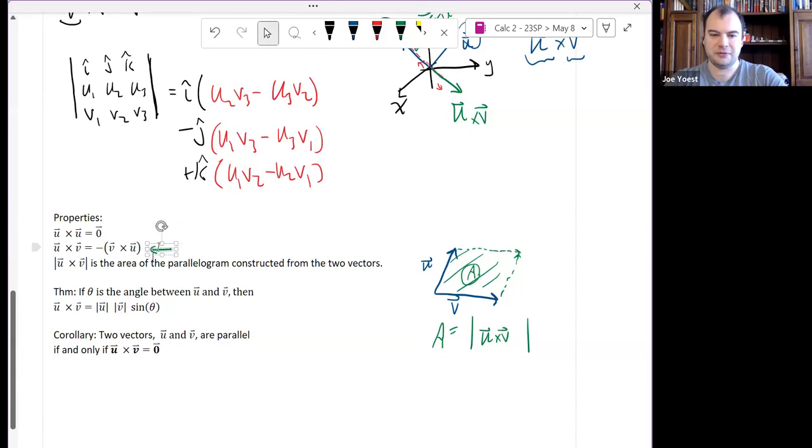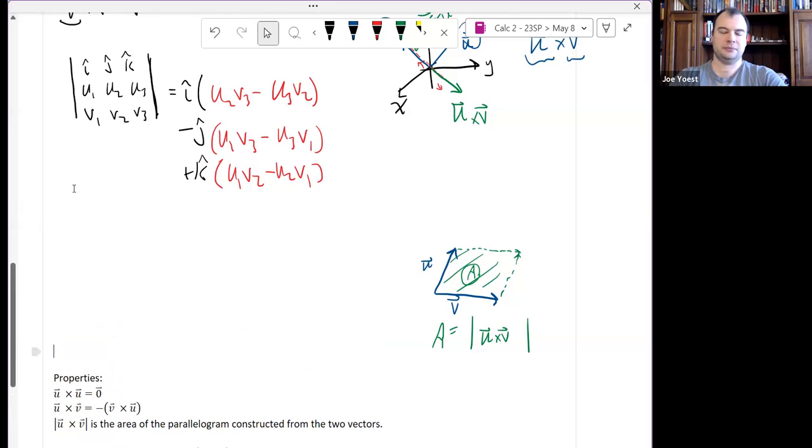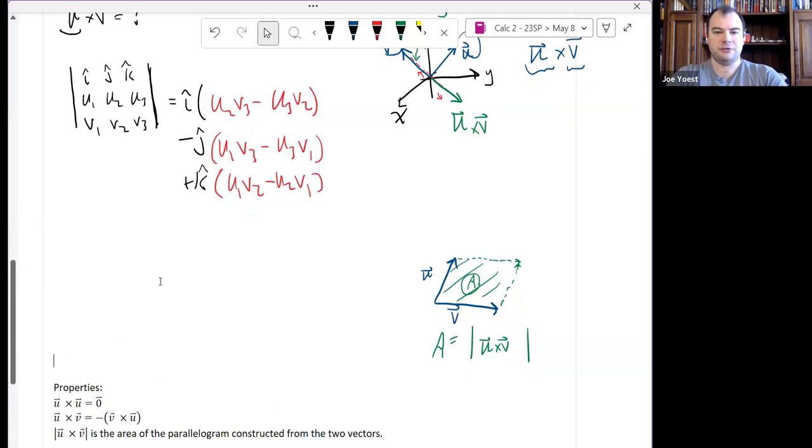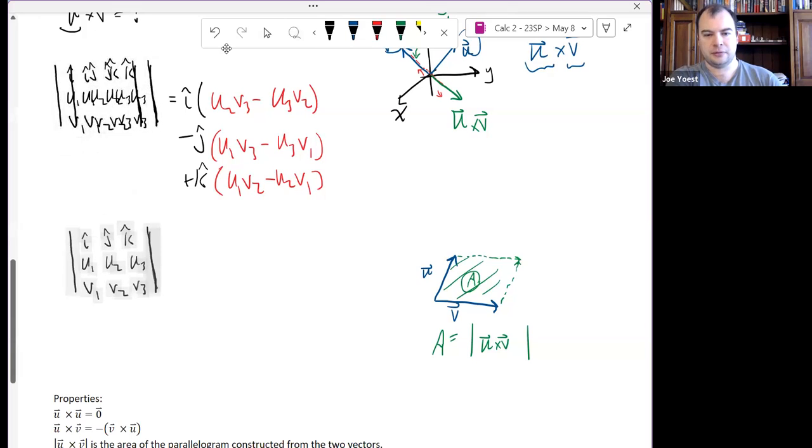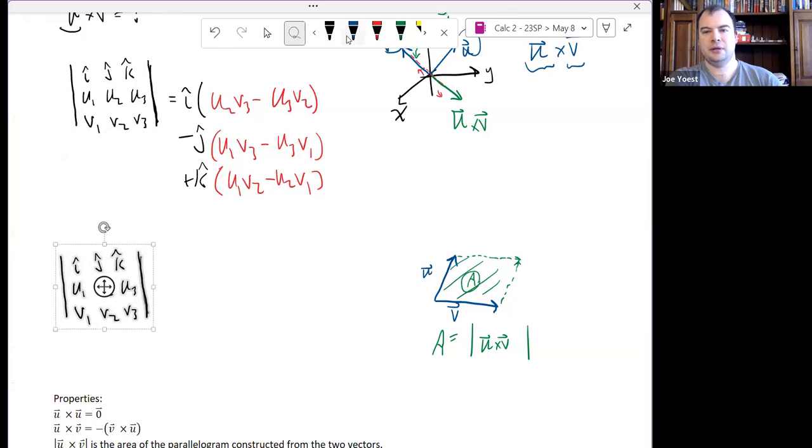Let me get rid of this and give myself a little extra space here. For 3x3 determinants, there's a nice little trick. So let's actually just copy this down. There's a nice little trick that we can do, and it is this.